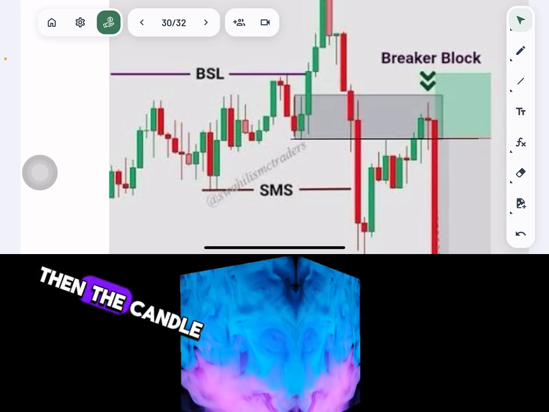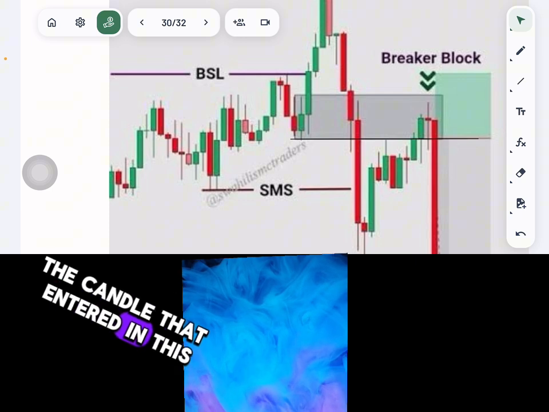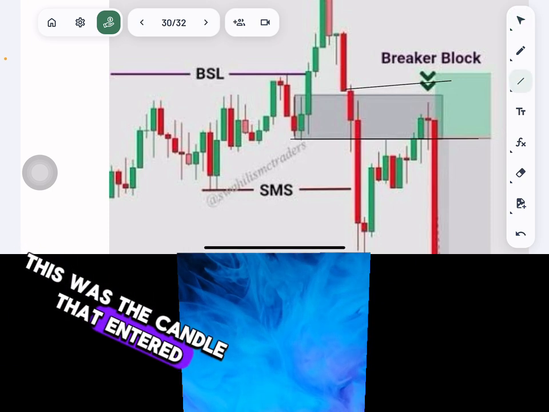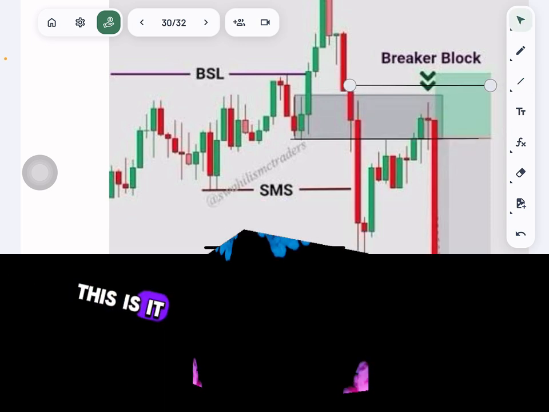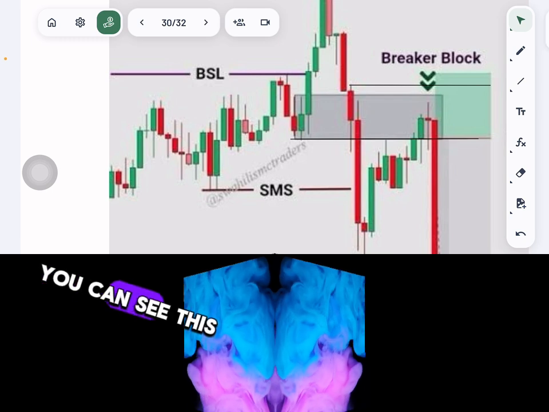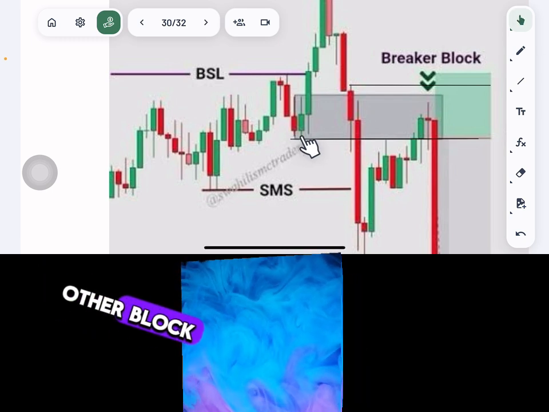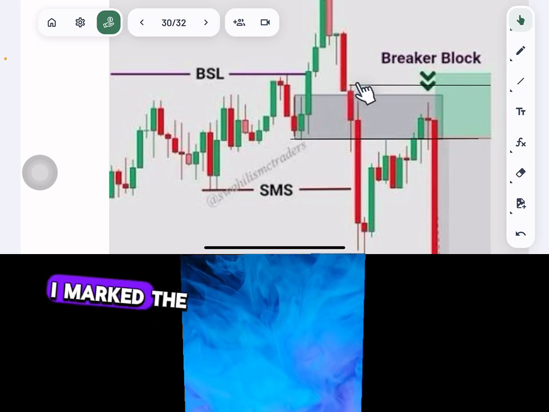Then the candle that broke it, the candle that entered, I mark it also. So this was the candle that entered. I mark the high of that candle. So this is it, the high of the candle. Okay, so you can see this now. This was the low of the other block, and then this was the high of the candle that broke it. So I mark both of them.